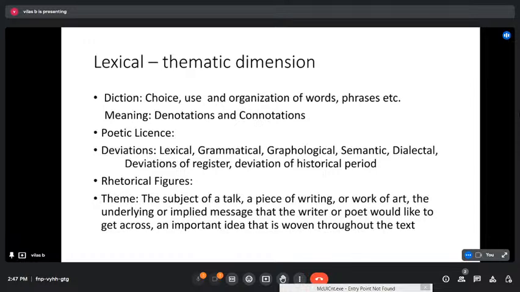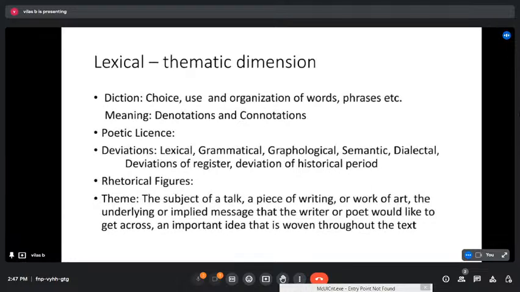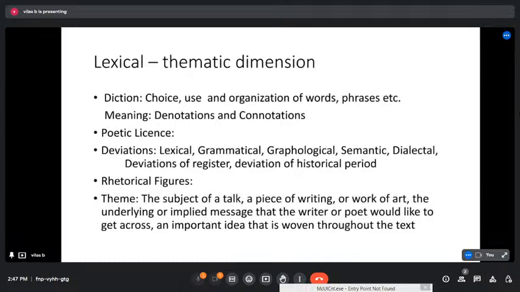And we are all aware of the dialects like British English, American English, Australian English, Indian English, and so on. Like this, there are still dialects, and we find the words from various dialects. The grammar is the same.